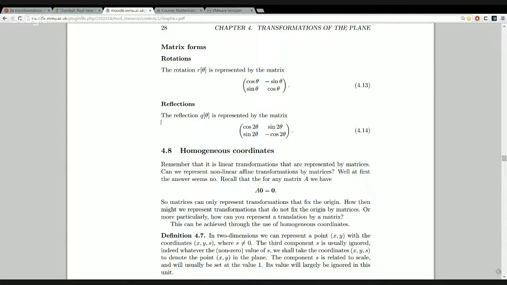Because the reflection hops them over to the other side, but then the translation moves them straight back to where they were. So this line here, the line through the point 1/2, 0, which is parallel to the y-axis, that line is unchanged by this reflection followed by this translation. We'll call this line L.